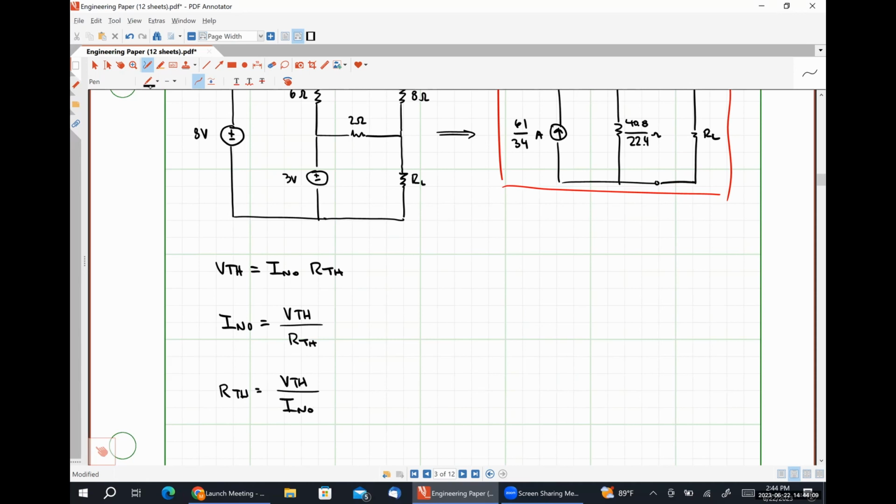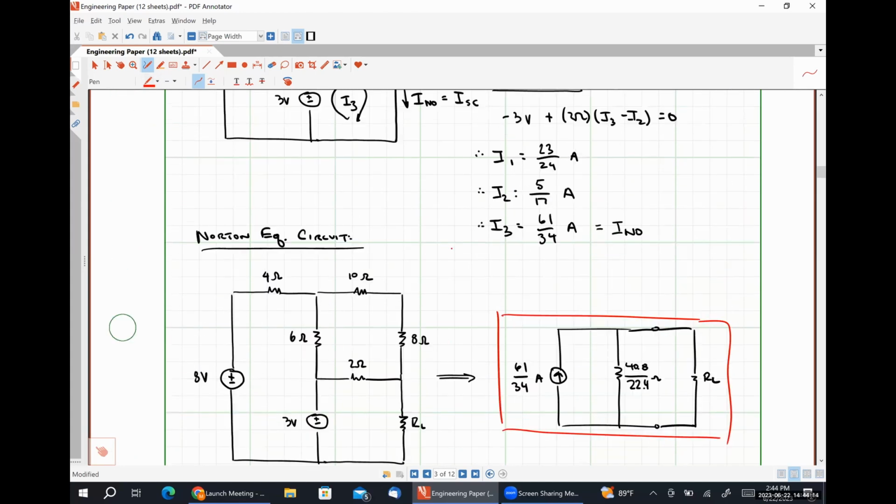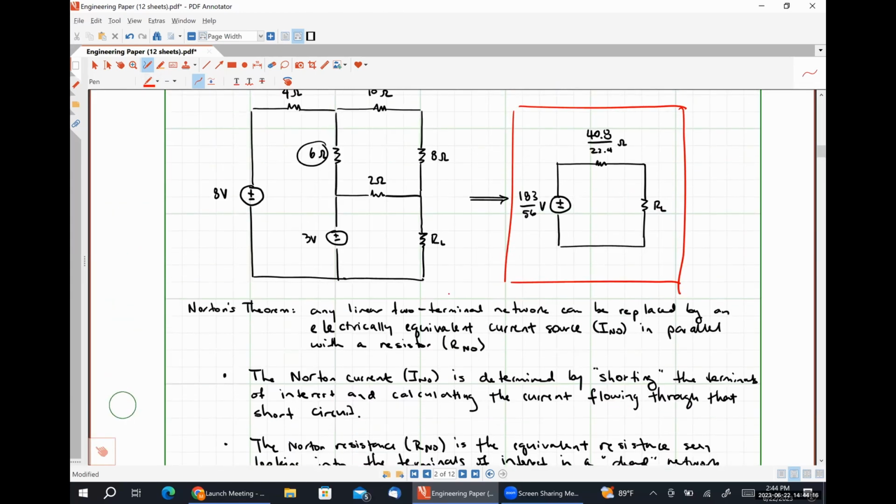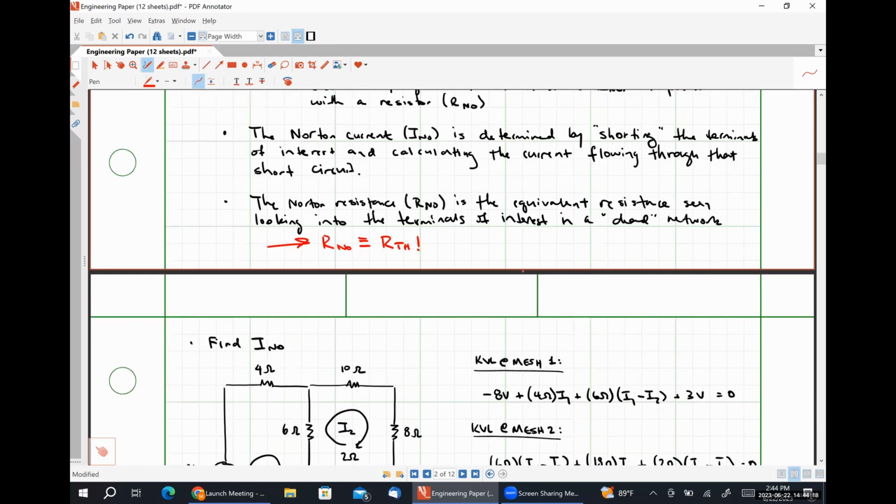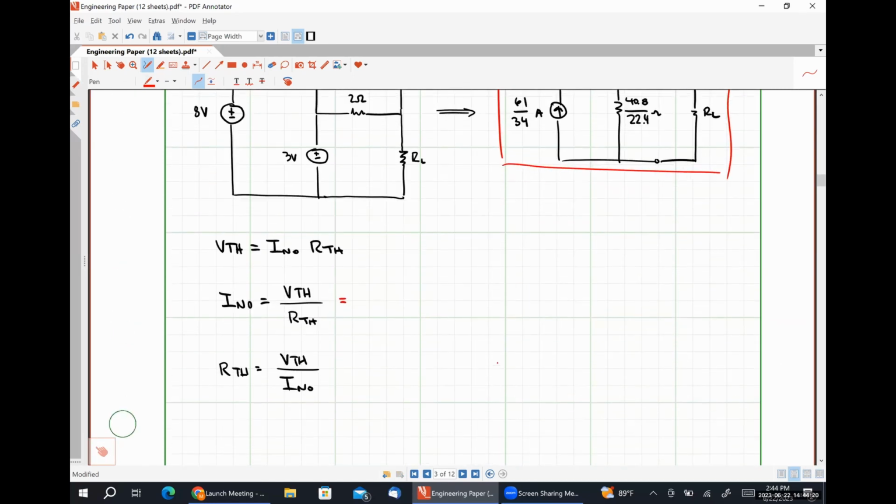So let's just test this really quickly here. Our Thevenin voltage, let me scroll up so we can find it, 183 over 56. Our Thevenin resistance, 40.8 over 22.4. Throw this in my calculator.